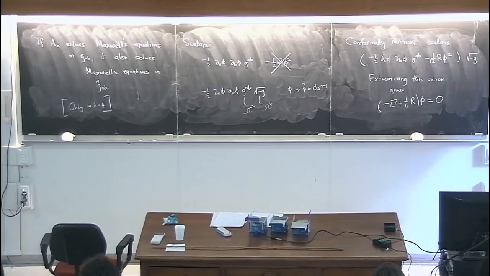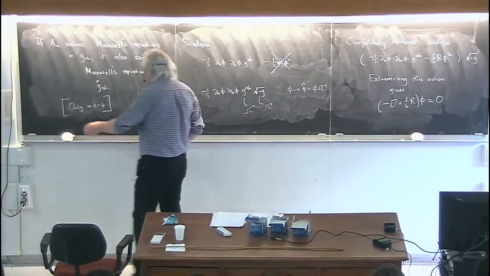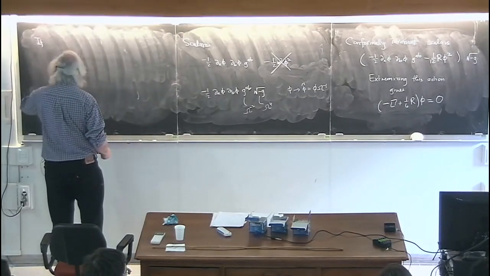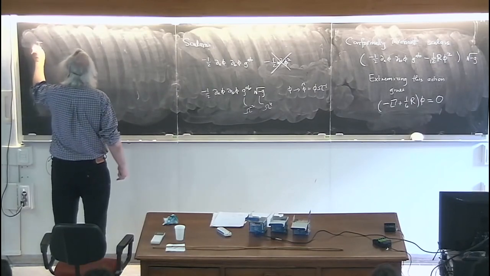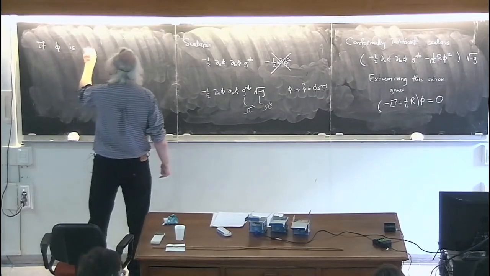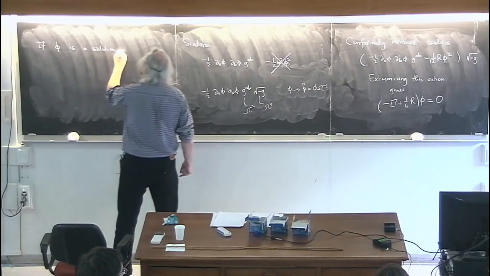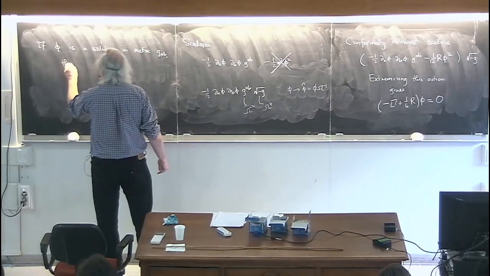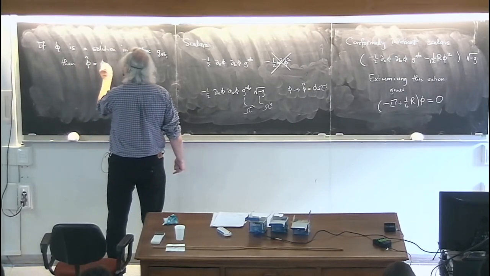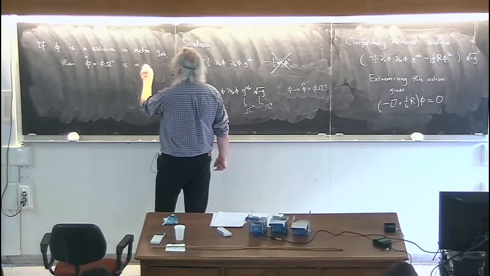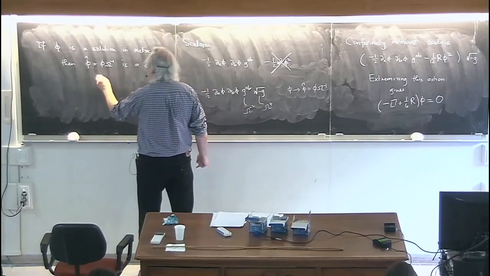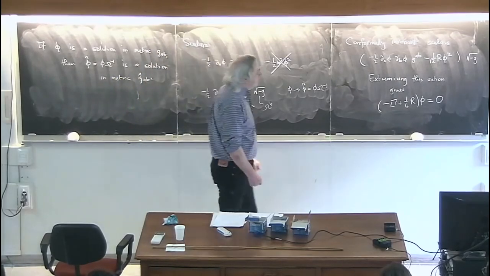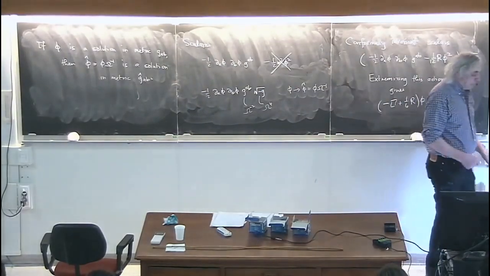And if phi is a solution in metric G, then phi hat, equal to phi over omega, is a solution in metric G hat. So this is sometimes called the conformally invariant wave equation.